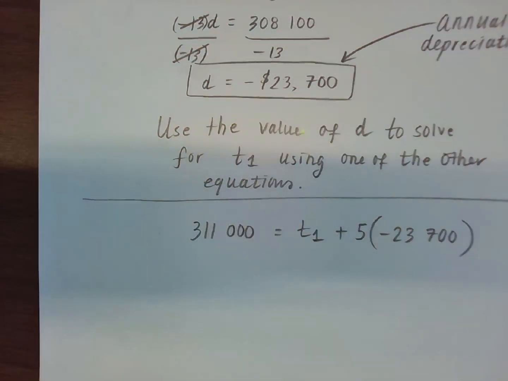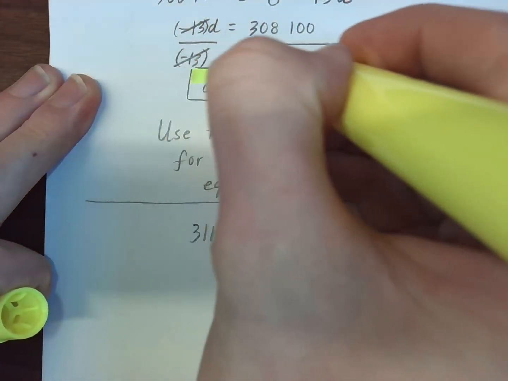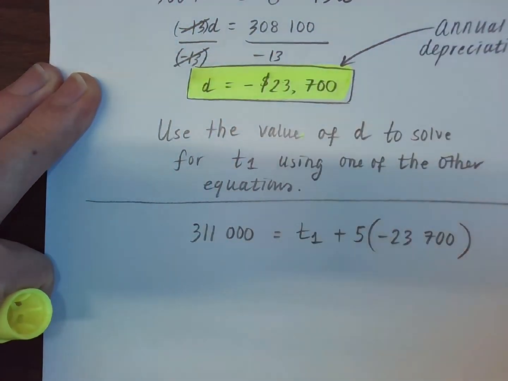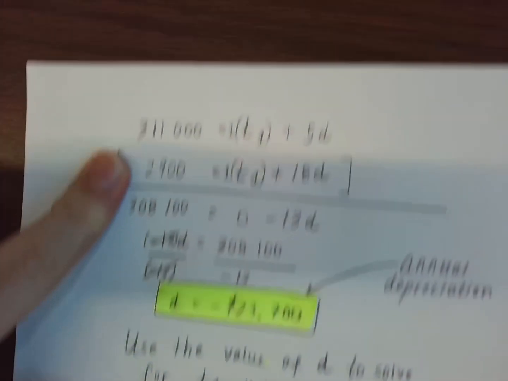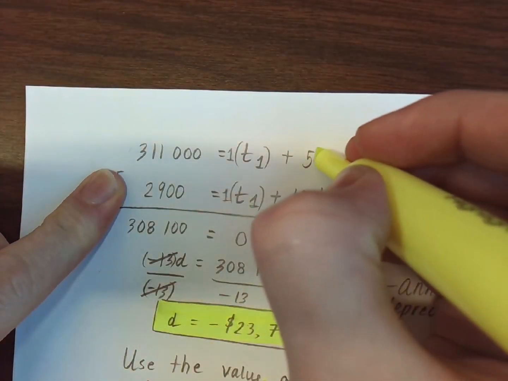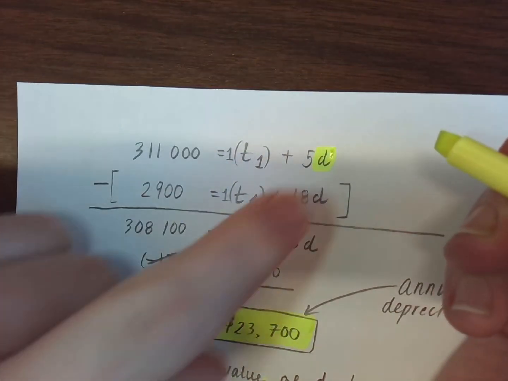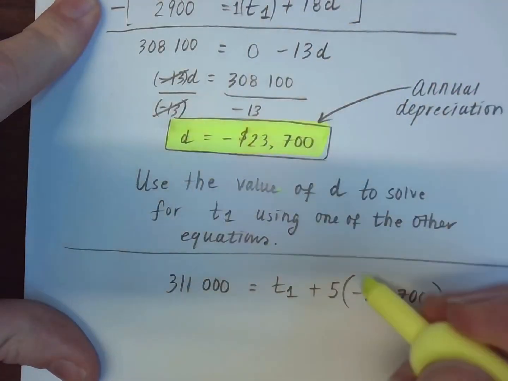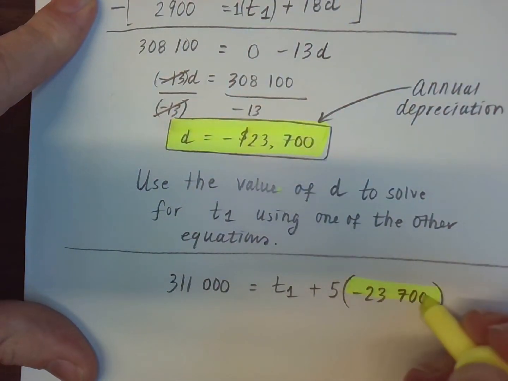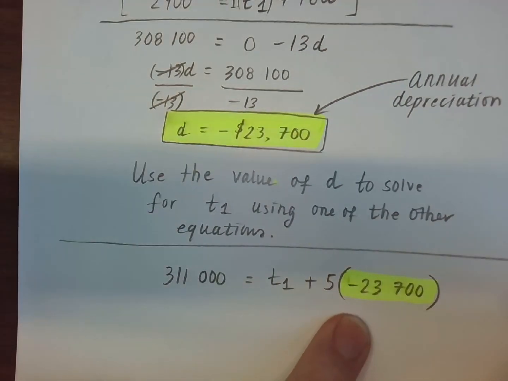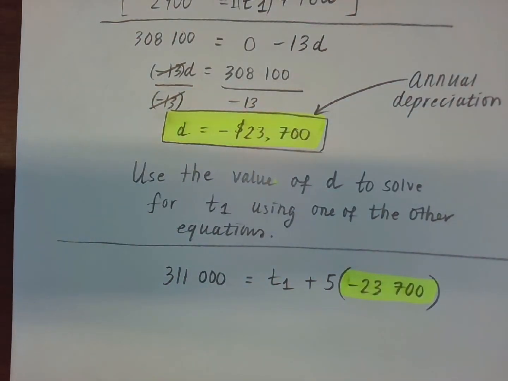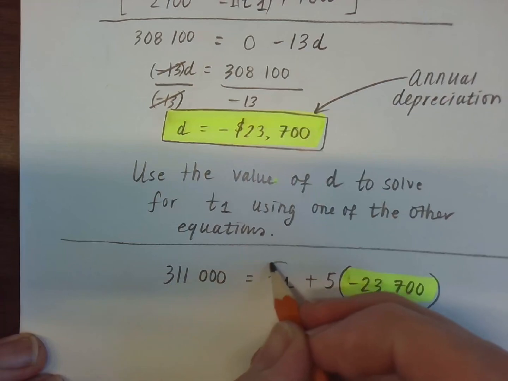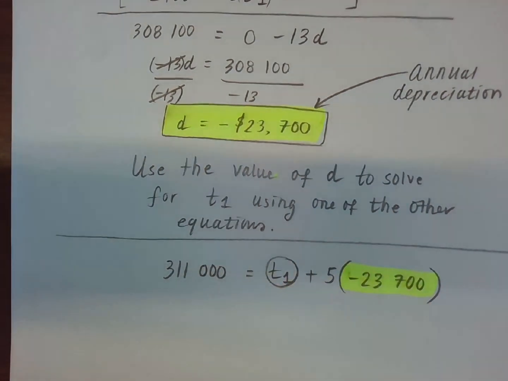I'm taking my value of d, and where in the original equation there's the unknown d, I plug that in here, and that means I only have one unknown, and I can solve for T1.